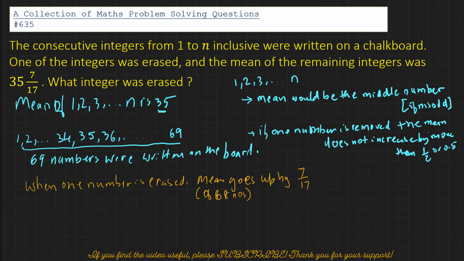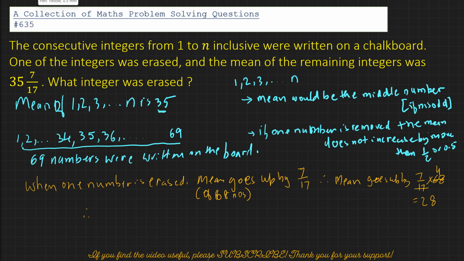So therefore, the mean has gone up by 7 out of 17 times 68. I hope I can write that. 7 times 17 times 4, that is 28. So it means it's gone up by 28.